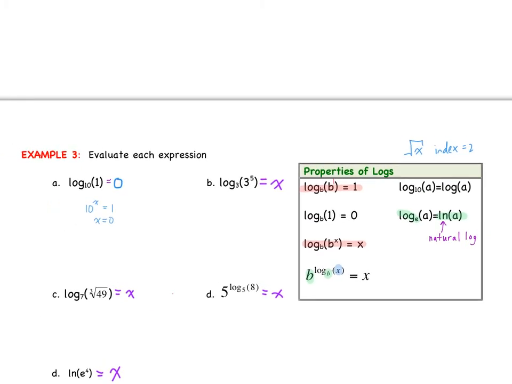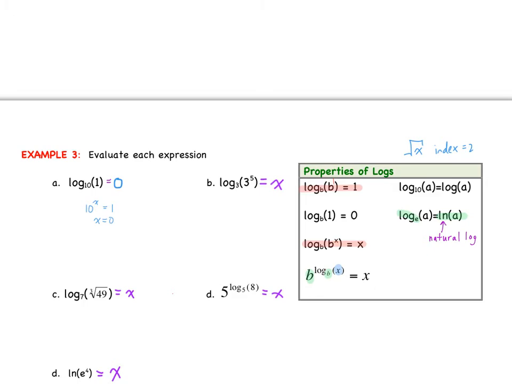All right, what about b? Looking at our properties here, we should notice the base of our log is the same as the base of our exponent, or of our argument, sorry. So what does x have to be? Well, this should equal this right here, right? When the base of your log is the same as the base of your argument, you're just left with that power.